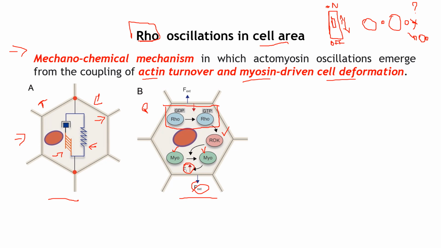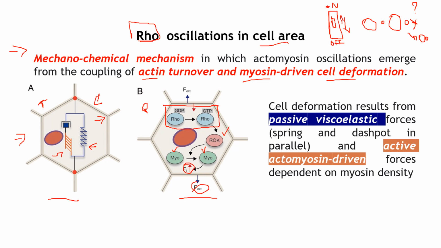Another important point that I told you is that they require both chemical and mechanical, and there should be a passive component of that. So cells are deformed because there are external forces. Even if you squish a sponge with your hands, you will see that it passively gets smaller.